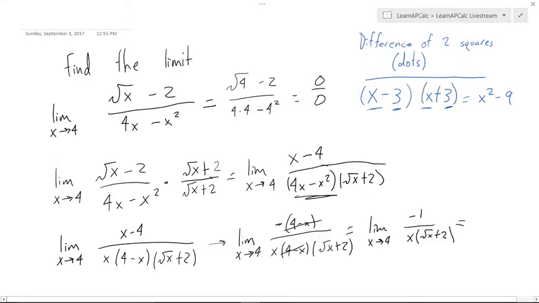Alright, now we can do direct substitution. And here I get negative 1 over 4 times the square root of 4 plus 2. Which here, square root of 4 is 2, plus 2 is 4. 4 times 4 is 16, so negative 1 over 16 is our limit.